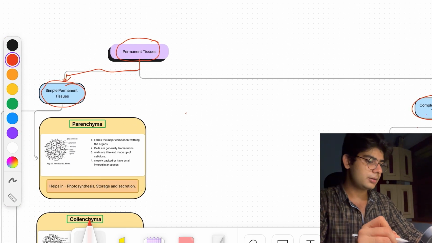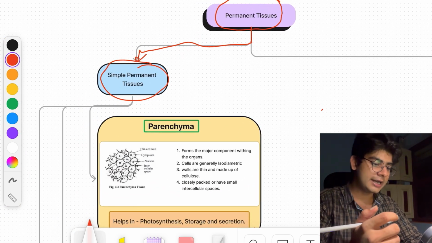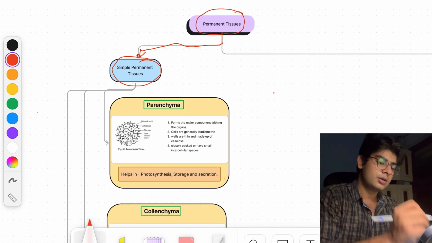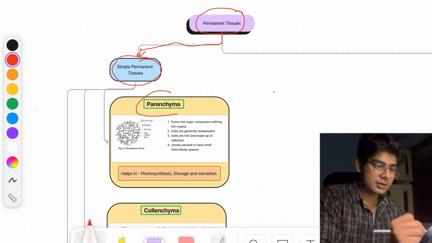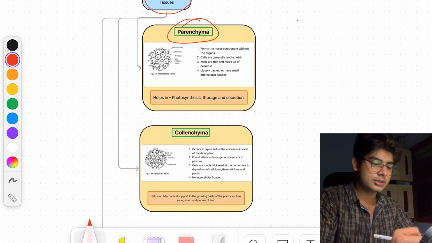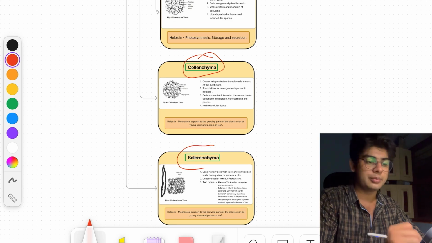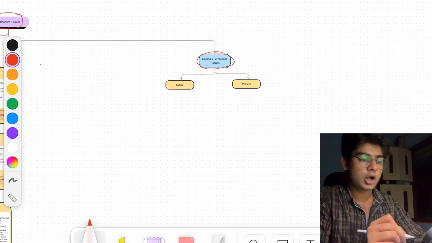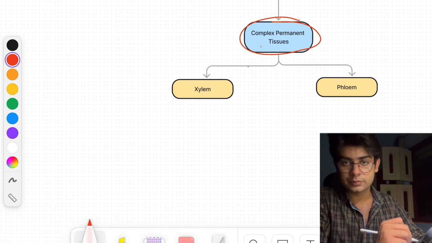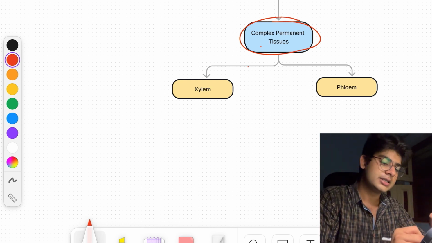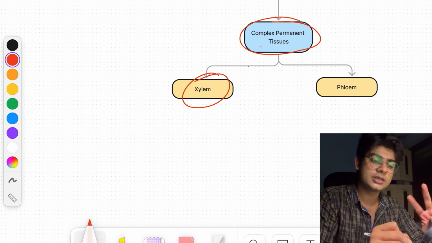The simple permanent tissues are divided into three subcategories. One is Parenchyma, the second one is Collenchyma, the third one is Sclerenchyma, and the complex permanent tissues are divided into two sections. The first one is xylem and the second one is phloem.